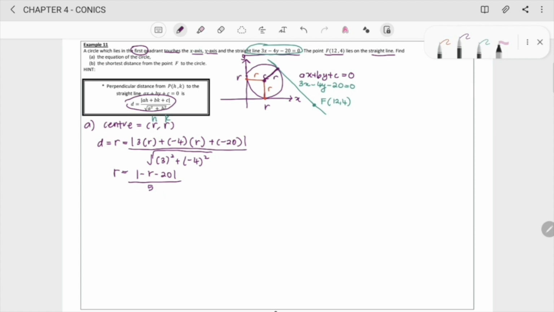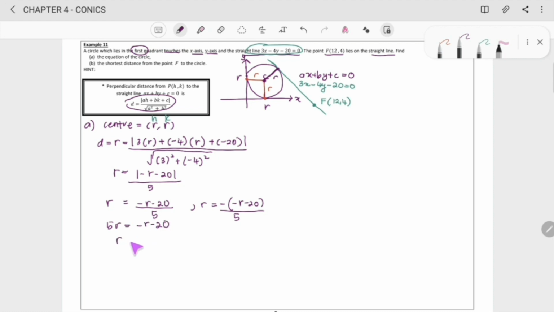Because of the modulus, we have two possible values, the positive one and the negative one. The first one is R equal to negative R minus 20 over 5, and the other one is R equal to the negative of it. We calculate both.